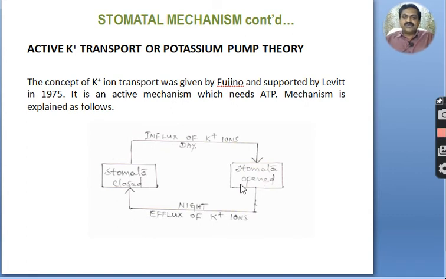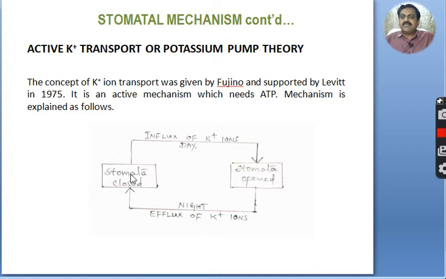enzyme phosphoenol pyruvate carboxylase. The stomata open during daytime because influx of potassium ions takes place into the guard cells. Influx means entry of potassium ions into the guard cells during daytime, which keeps the stomata open. On the other hand, during night time, efflux of potassium ions, exit of potassium ions from the guard cells, keeps the stomata closed.